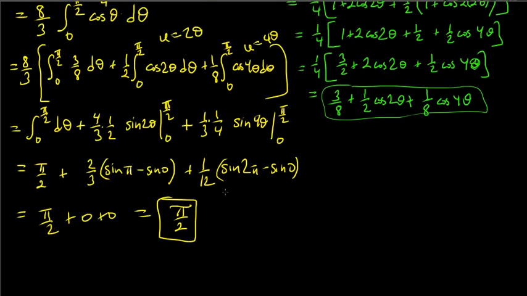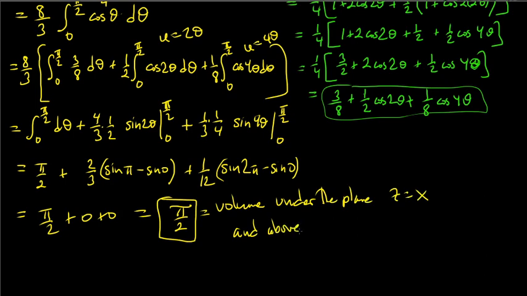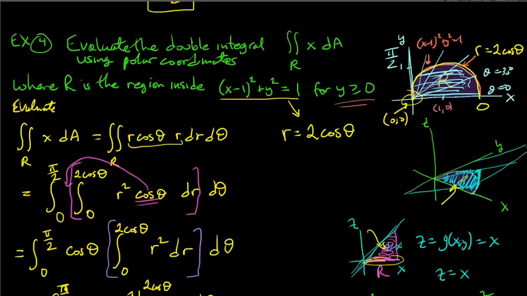This is the volume specifically under the plane z is equal to x, and above the half disk, well, it's just the region R, right? The region R is this half disk up here.